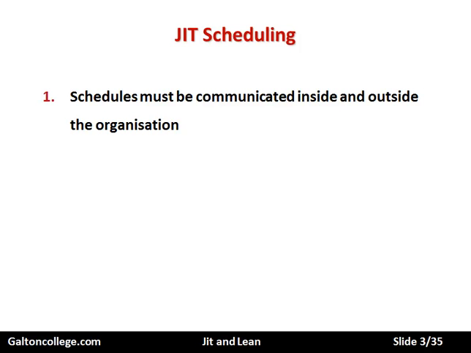So scheduling may be communicated internally. It certainly promotes efficiency and greater clarity about the work processes that need to be carried out if it's communicated internally. But also it could be communicated externally.